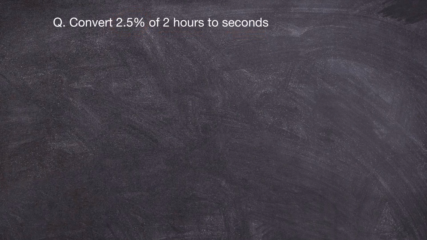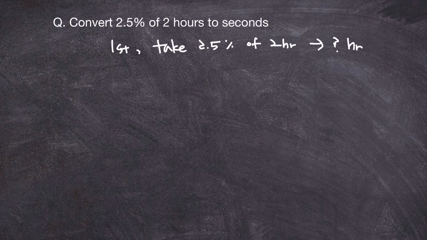First, we need to take 2.5% of 2 hours and figure out how many hours that is. And second, we need to convert this, however many hours that is, we need to take that hour into seconds. So let's do the first part first.